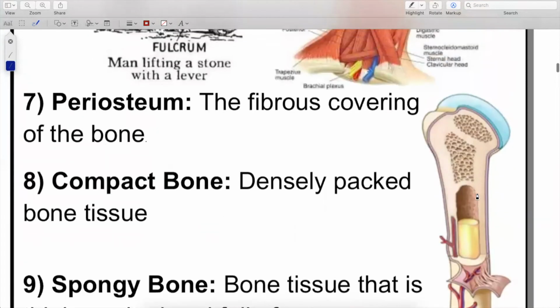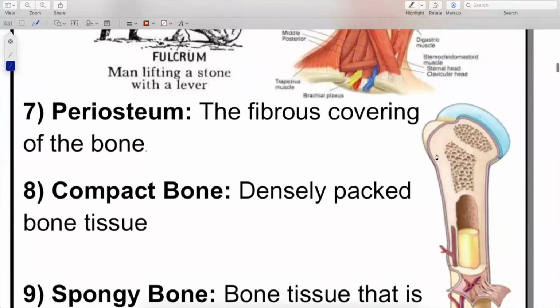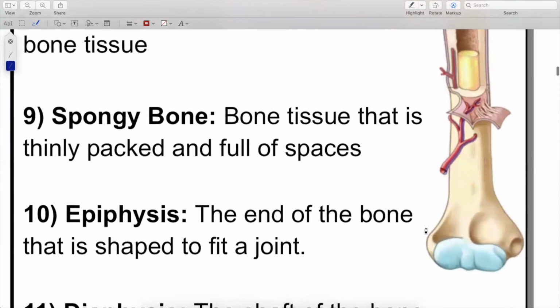You see it up here. We have another one up here. It has compact bone, it has spongy bone, it has articular cartilage, right? And it has this knob shape that is designed for the joint it's going to be a part of. This particular epiphysis is shaped to fit your shoulder joint. And down here, this epiphysis is shaped to fit your elbow.